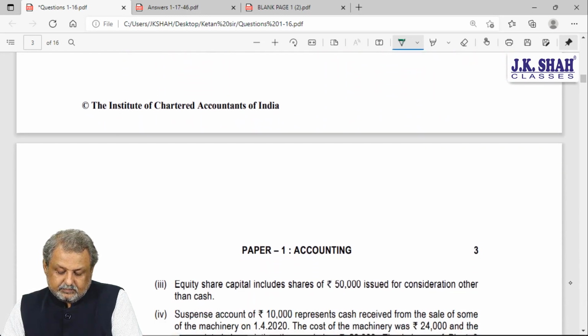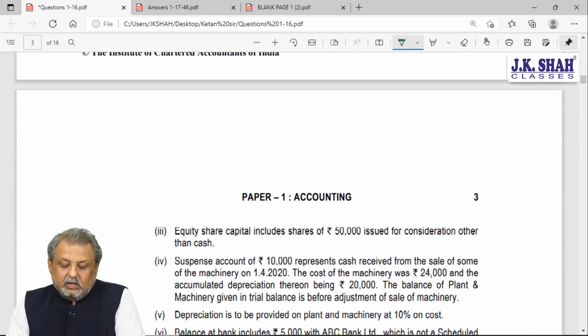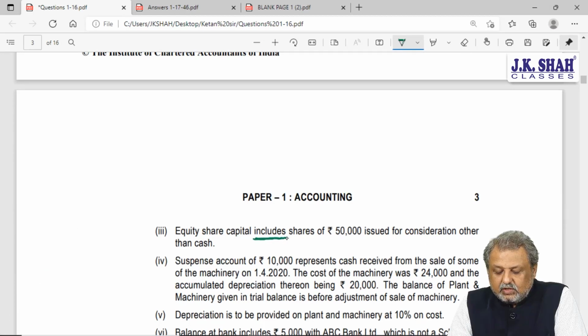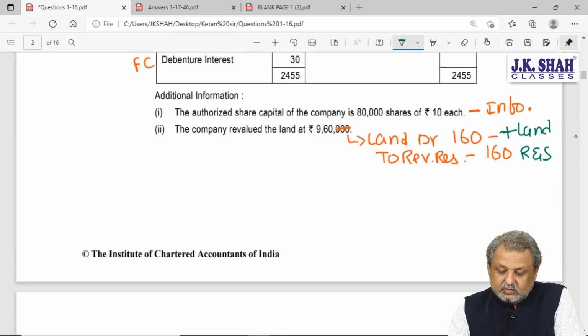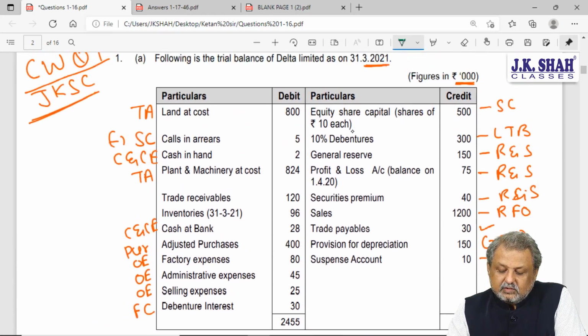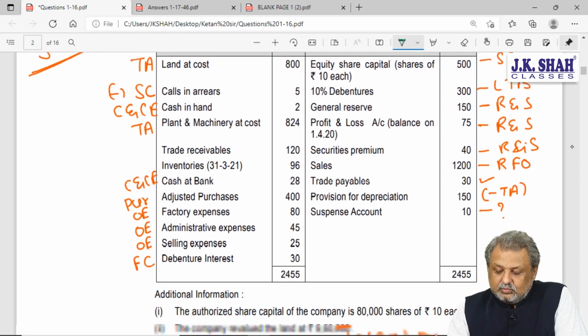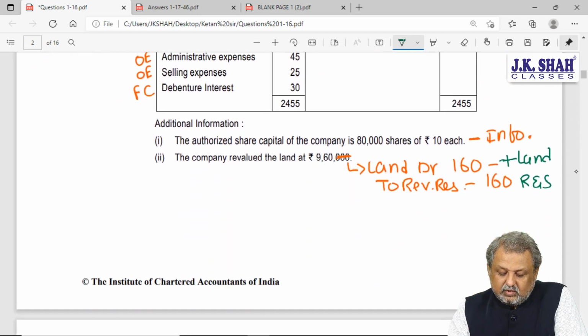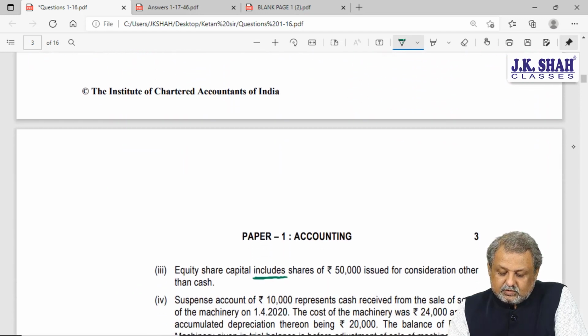Then next, equity share capital includes. This word includes means whatever is given in the trial balance, this amount of 500,000 includes this particular adjustment.